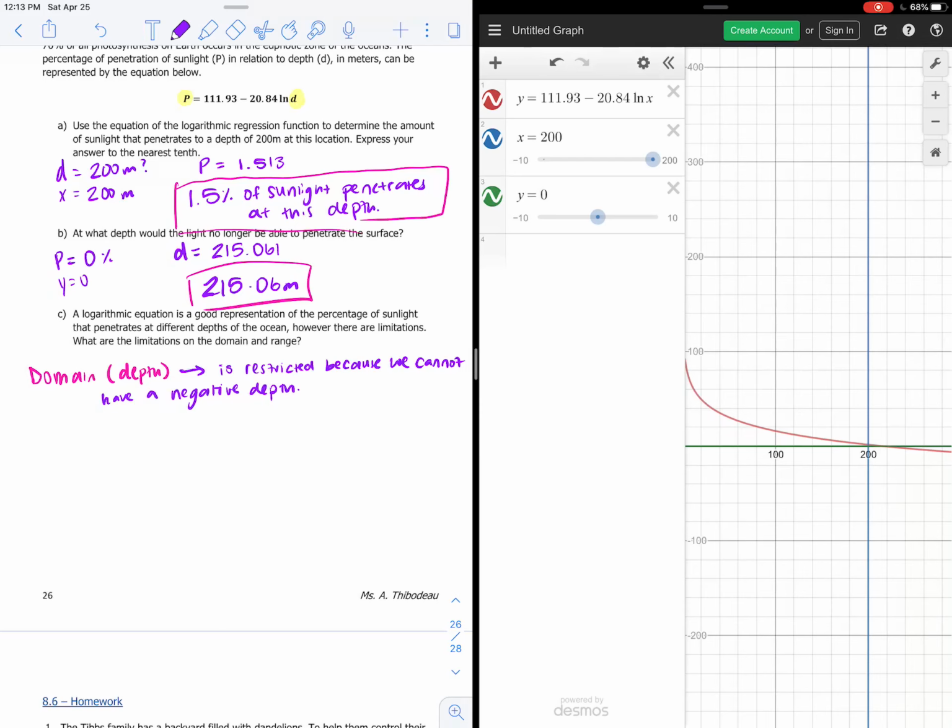But on the other end, right, because depth could be 0, it could be larger, but we can't have an infinite depth either, right? At some point, you're going to hit the ocean floor. The ocean doesn't go on forever and ever. At some point, you will hit that ocean floor. And let's see, the domain is not infinite, as eventually you will reach the ocean floor.